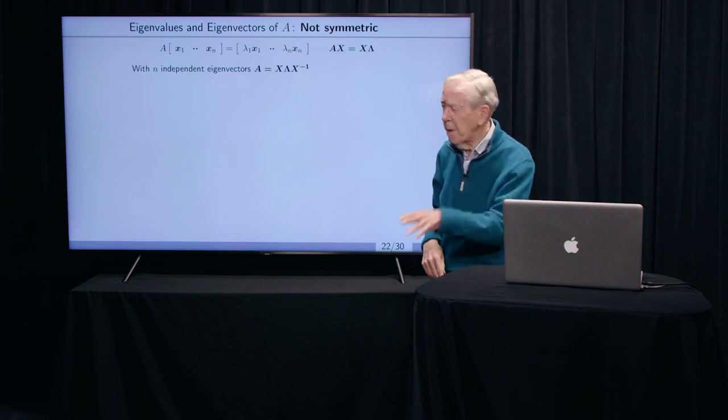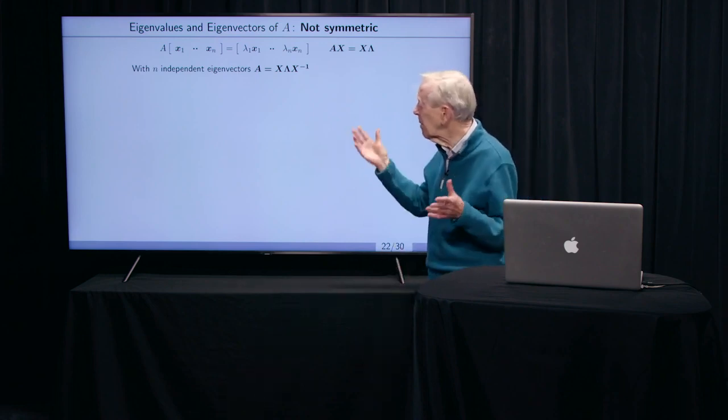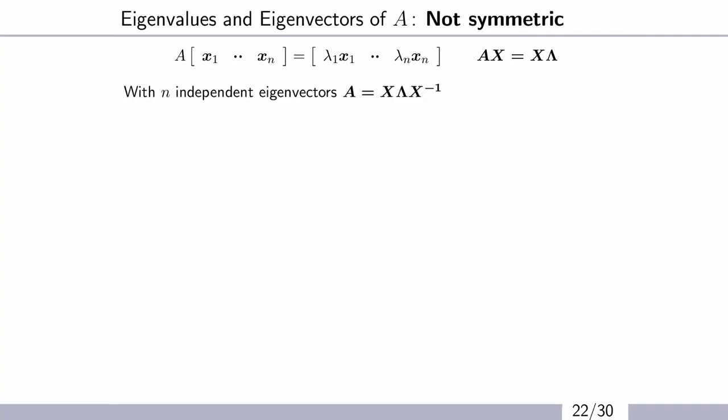The first one won't be perpendicular to the second one. The matrix A has to be square or this doesn't make sense. So eigenvalues and eigenvectors are the way to break up a square matrix and find this diagonal matrix lambda with the eigenvalues lambda 1, lambda 2 to lambda n. That's the purpose.